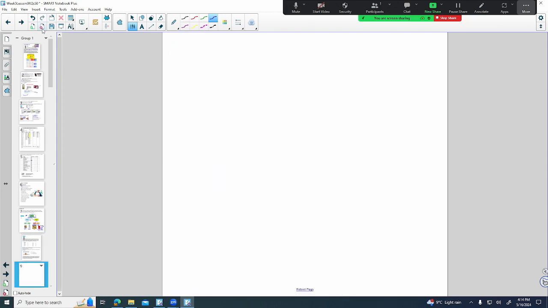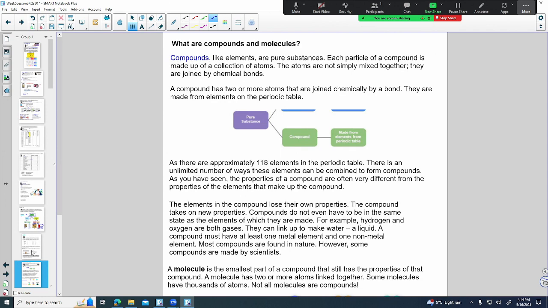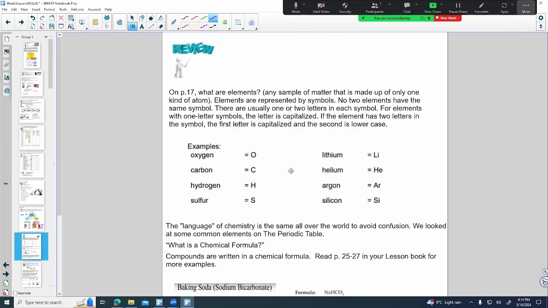And we also looked at, here's our other review. On page 17, regarding elements, we said an element is any sample of matter that is made up of only one kind of atom. We said that elements are represented by symbols. For example, the symbol for oxygen is O. For carbon, it's C. For hydrogen, it's H, and so on.